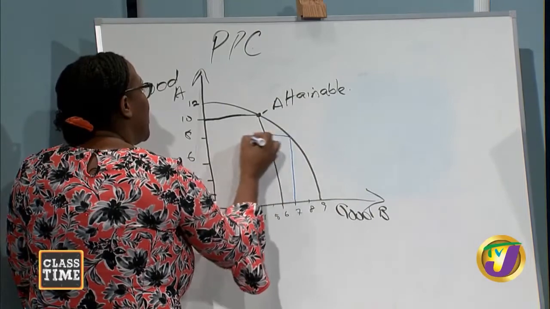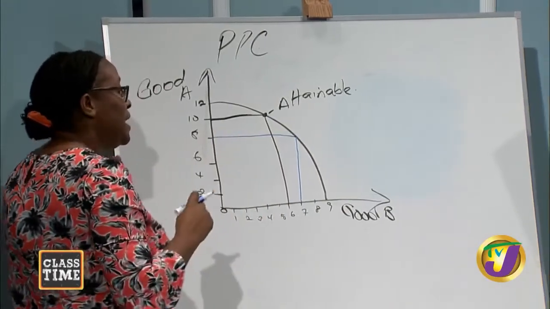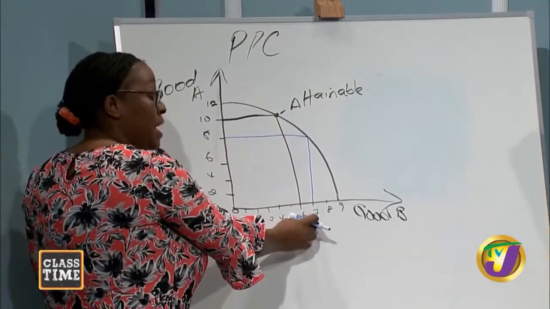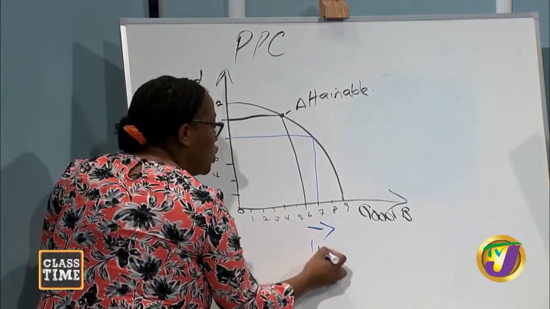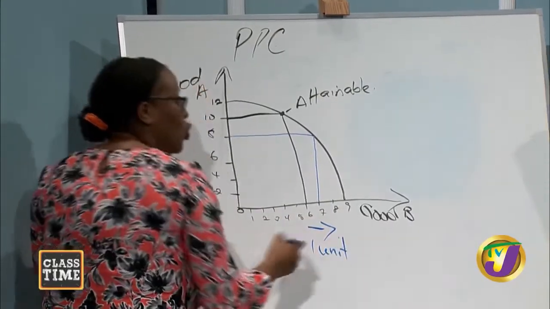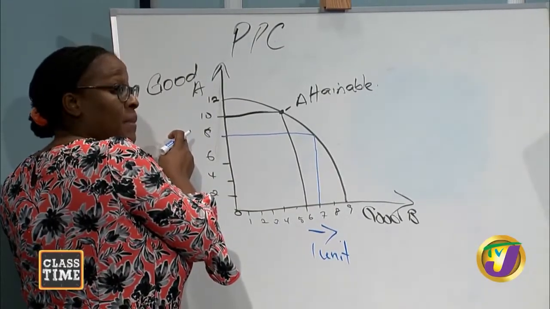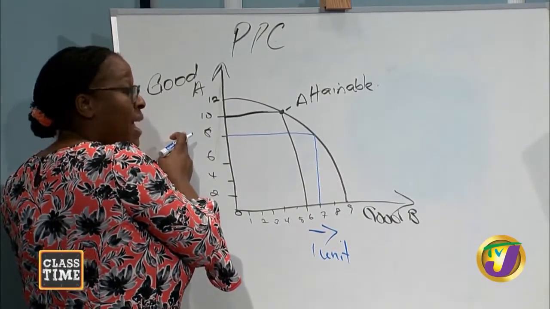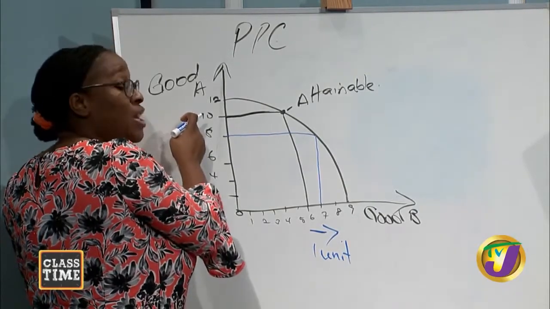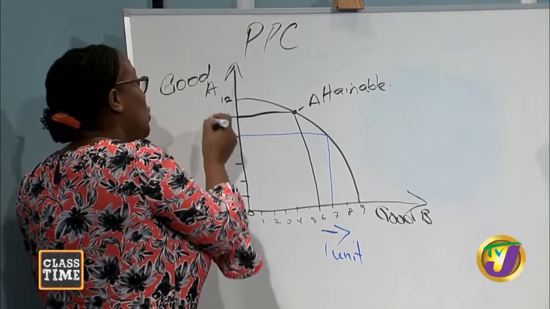And come across here, you'll find that in order to go 1 more unit of good B, what happened to good A? That is correct. Good A fell from 10 units to 8 units.